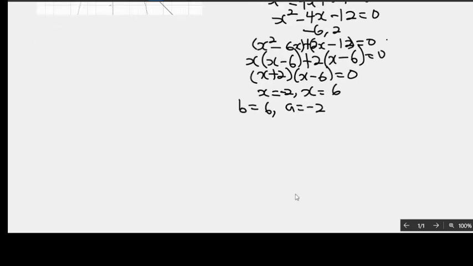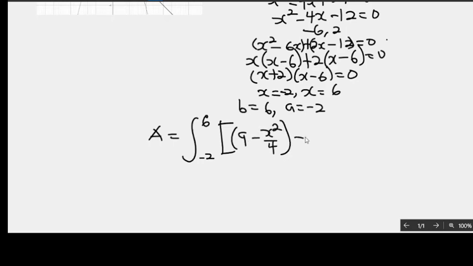Now let's substitute. So the area between the curve and the line now becomes the integral from negative 2 to 6 of (9 minus x squared on 4) minus (6 minus x) dx. So let's expand what is in the bracket.